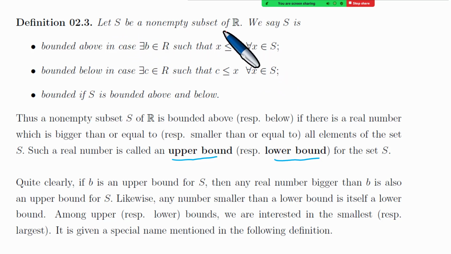Let S be a non-empty subset of R. So S is not empty, but it's a subset of real numbers. So it is some subset of R that contains some real numbers, but surely it is not empty. We say S is bounded above if there exists a B in the real numbers, such that X is less or equal to B for all the X's in S. When is this set S bounded above?